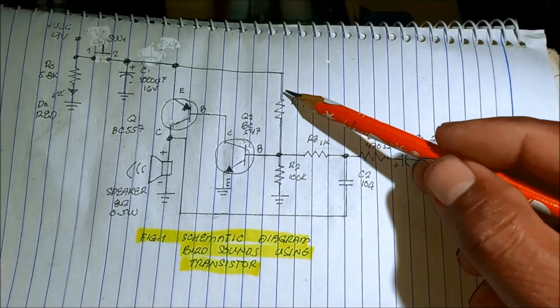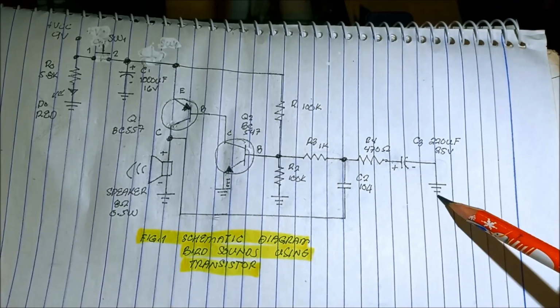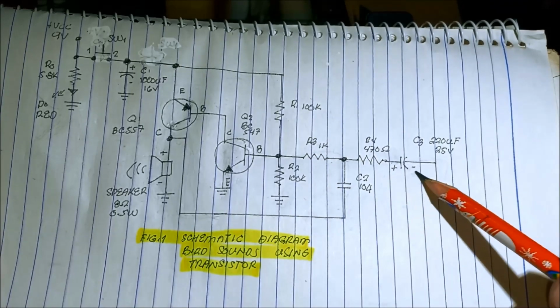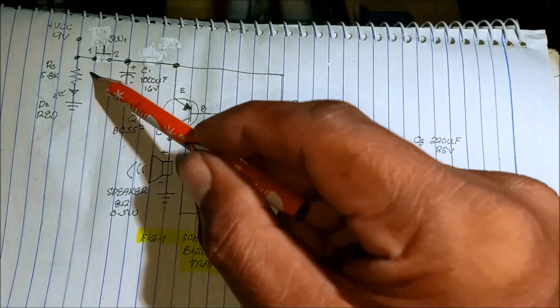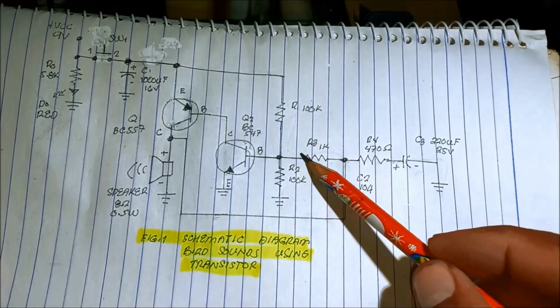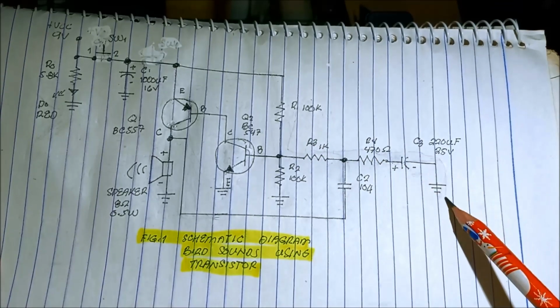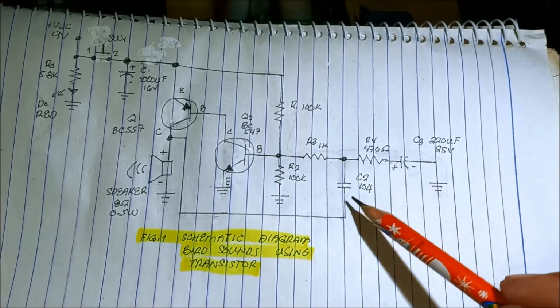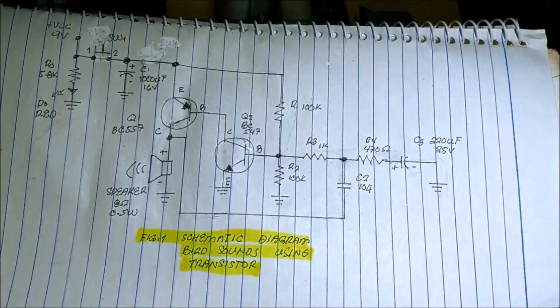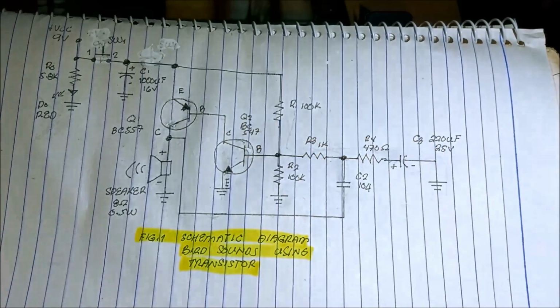Also, the capacitor is charging this way. Another capacitor is charging from VCC, R1, R3, R4, then to the capacitor, and then to the ground. Two capacitors, they are charging. So it bypasses these two transistors.